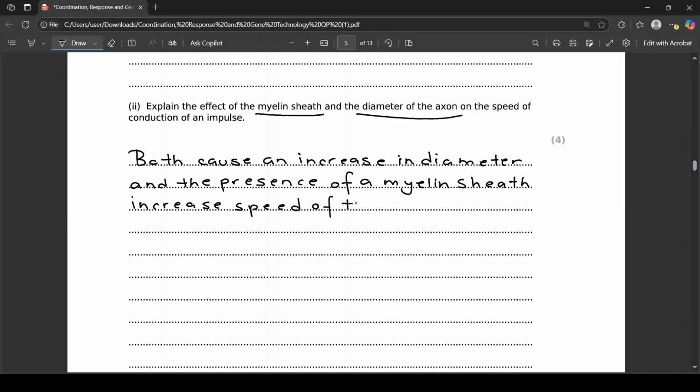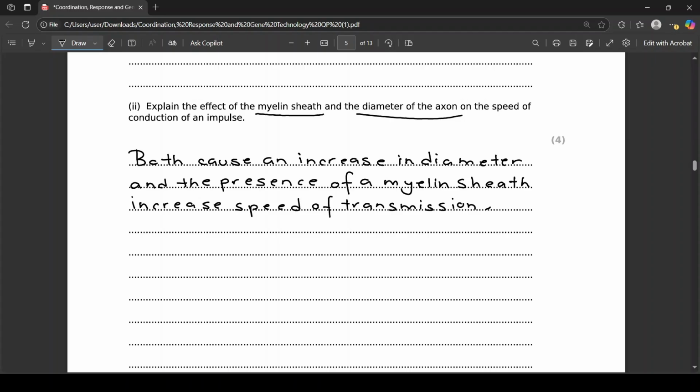This is our first point that we're going to get marks for. Okay, both an increased diameter and the presence of myelin sheath increase speed of transmission. Okay, this is our first part.